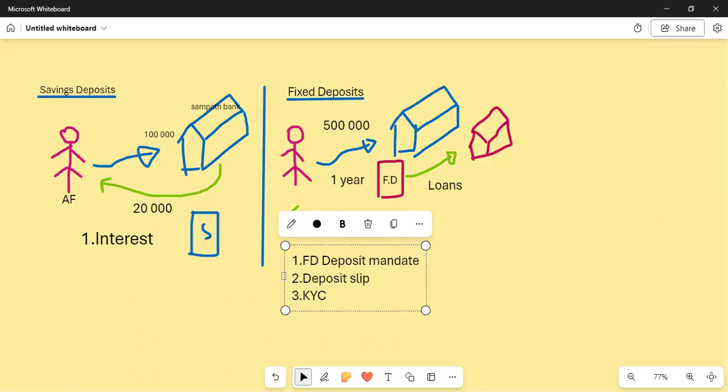And there is something called a tax declaration form, about your tax history. Yes, Hafsa, what's your question? And at last, after you fill that, you have to provide your national identity card, NIC. This is the way we are opening the FD.